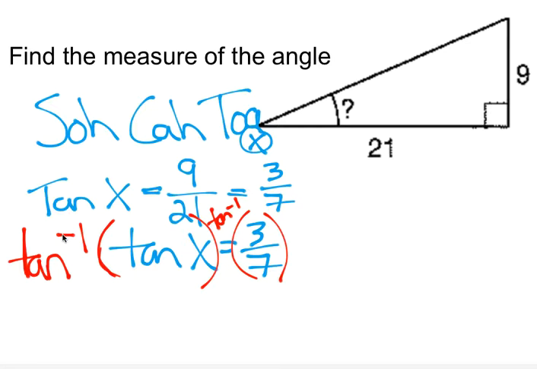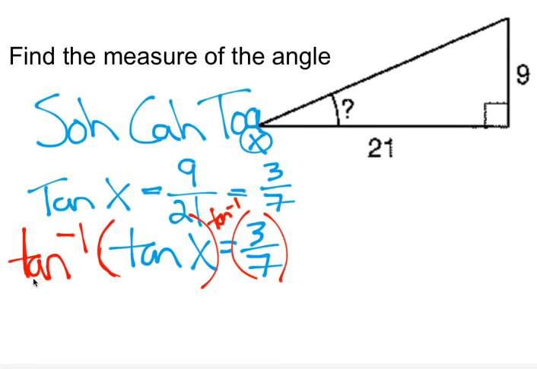So this tan to the -1 power doesn't mean 1 over tangent. It actually just means that we are taking the inverse. So we would read this as inverse tangent, not tan to the -1, which will probably bother your teachers down the road if you refer to it that way. But we're going to say inverse tangent of x equals inverse tangent of 3/7.